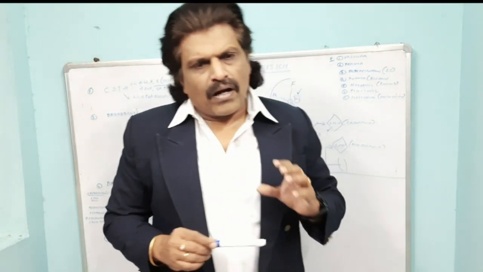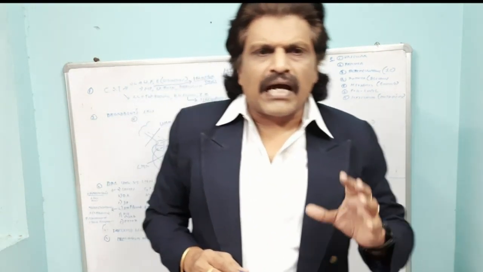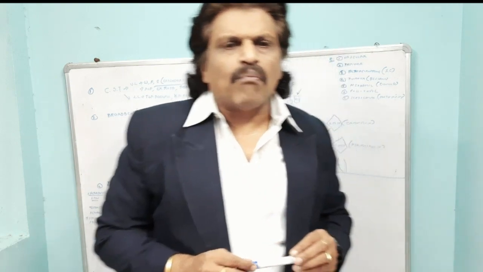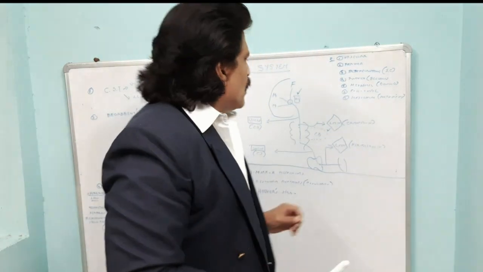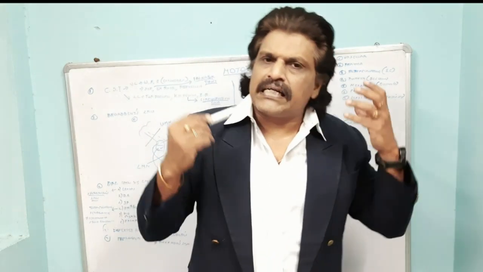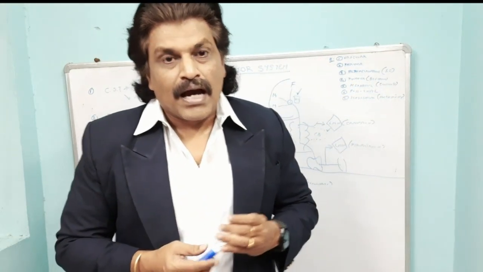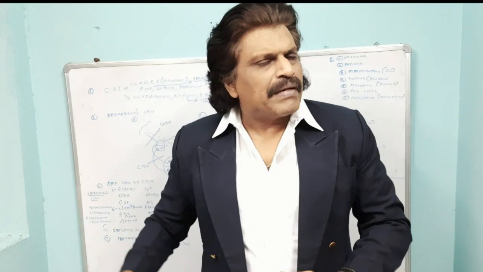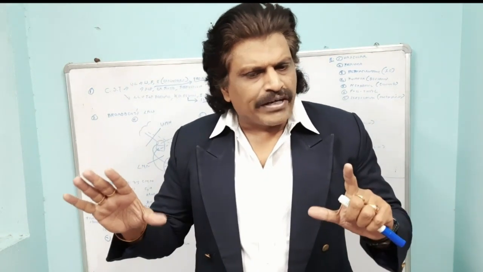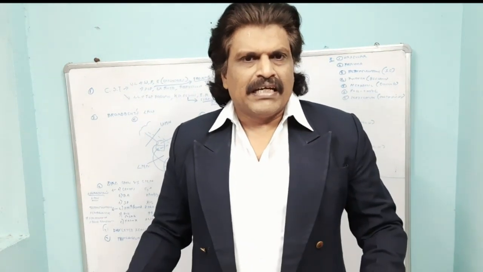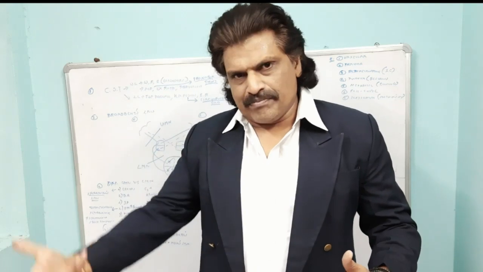Here, you need to understand another important concept, the motor homunculus. All the body parts are represented in the brain. But the representation is not according to the quantity, it is according to the quality.